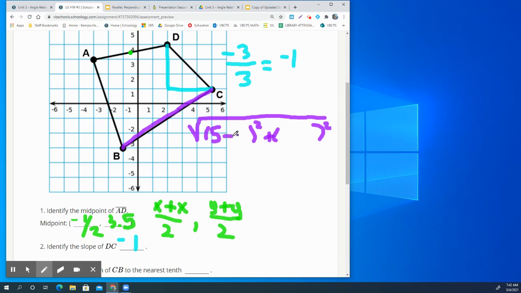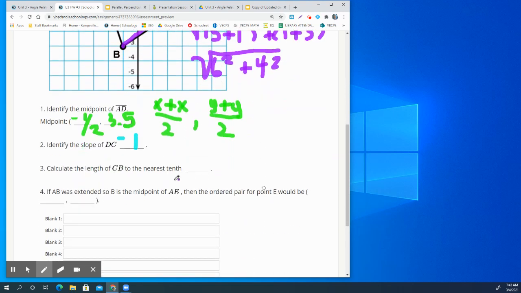So 5 minus -1 is going to give me 6 squared. And then 1 minus -3 is going to give me 4 squared. Don't forget to take the square root. So 36 plus 16, is that 52? You want to do the square root of 52.